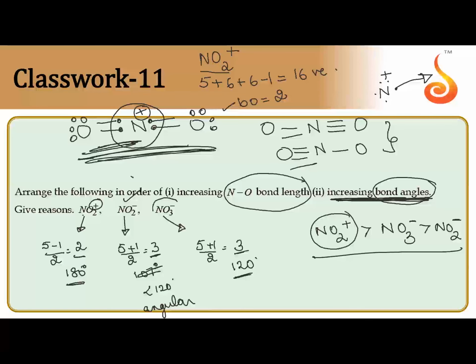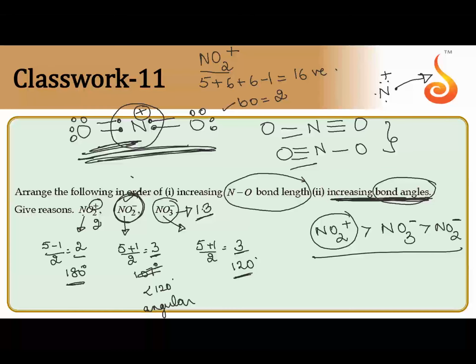We already calculated for NO3 minus. Anyone remembers how much it was? We had 1 double bond, or 2, 3, 4, 4 by 3. So 1.3 something. And NO2 plus we calculated just now, it is 2. All I want now is NO2 minus bond order.